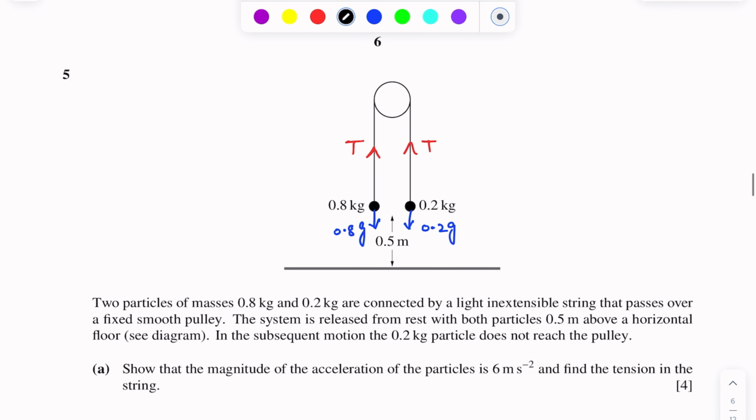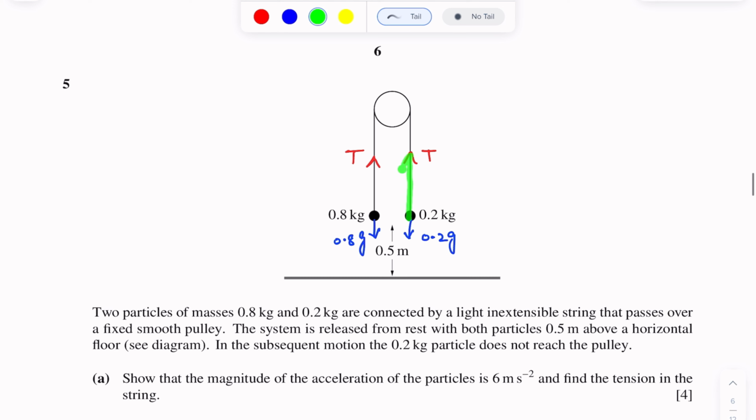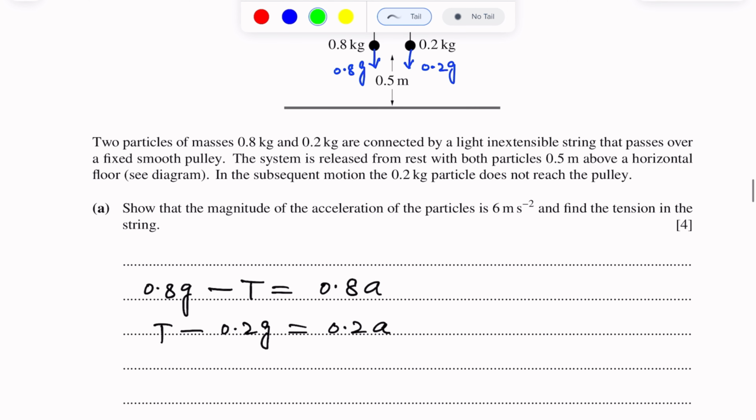And for the 0.2 kg particle, the equation of motion will be T minus 0.2 g is equal to ma, because this particle moves upward, so the net force will be T minus 0.2 g is equal to ma. These are two equations. We will solve these two equations simultaneously to find the value of acceleration and tension.